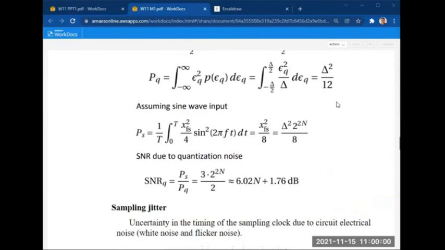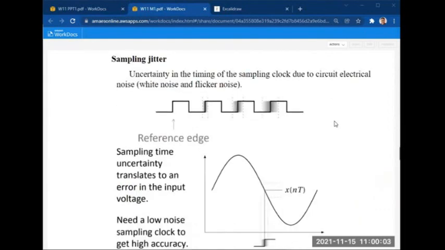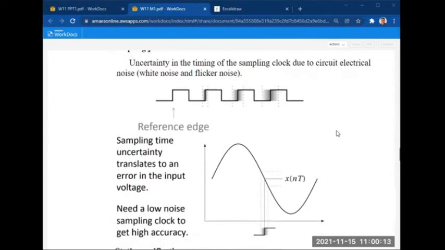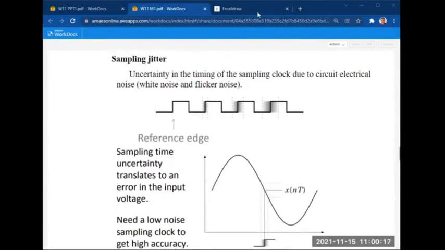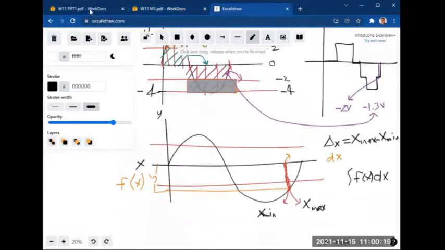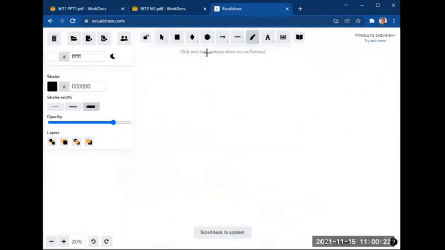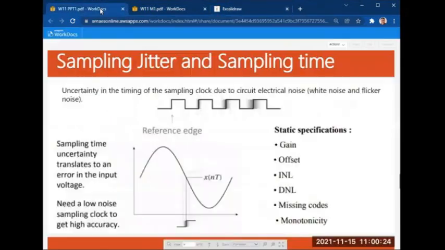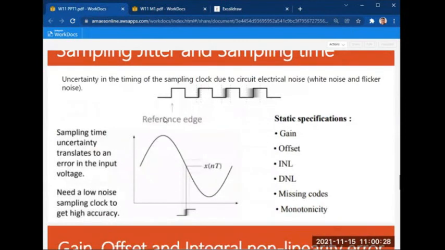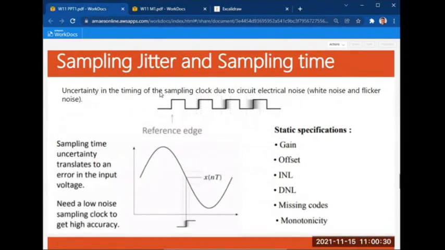Next, we have what we call the sampling jitter. The sampling jitter is the uncertainty in the timing of the sampling clock due to circuit electrical noise, for example white noise or flicker noise. So what does this mean? Why do we have this sampling clock, and why do we have this timing?